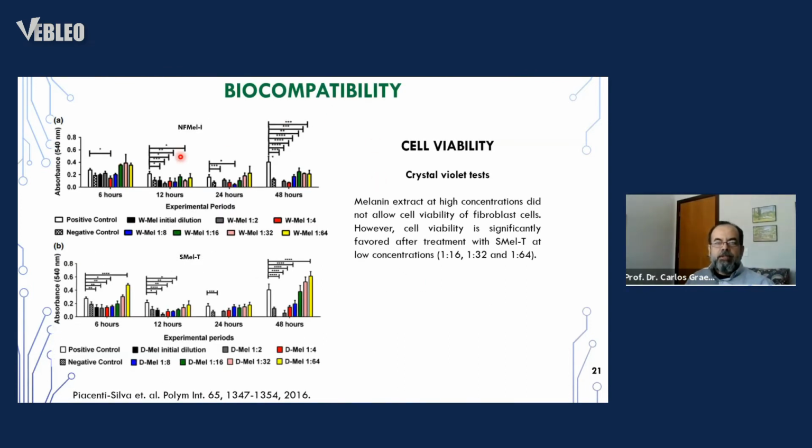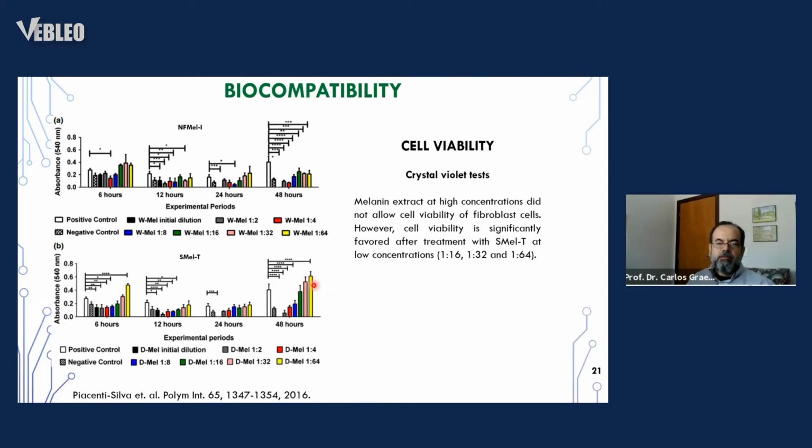Well, the other important thing, since we are interested in bioelectronics, is the biocompatibility. And as you can see here from this very simple test done with cells, the viability of these cells is preserved quite well, independent of the melanin we use. But of course, there are some that are quite nice to see.